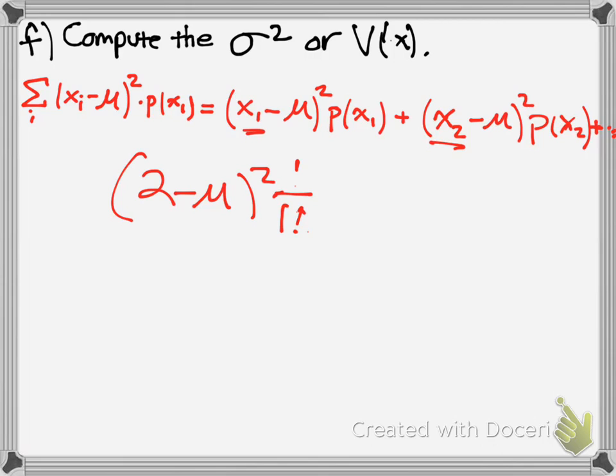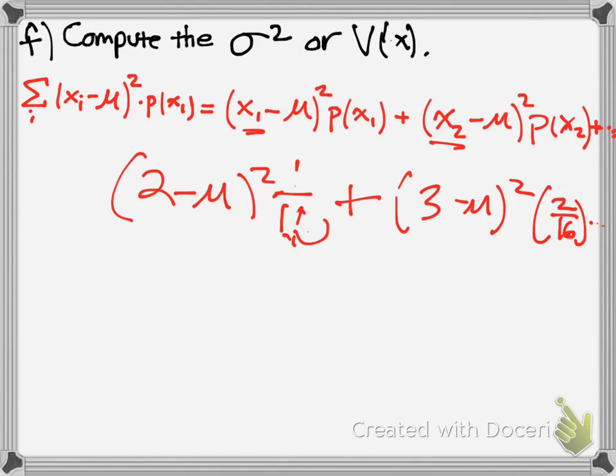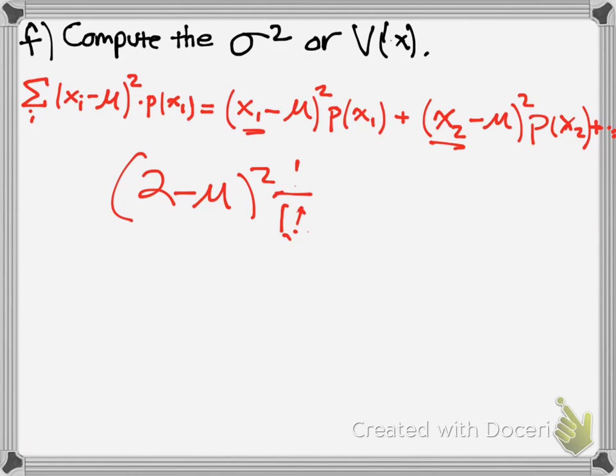And then 3 minus mu squared times that probability, which was 2 16ths. And so on and so forth. So that's pretty much how you would write that out and do the calculations, but unfortunately I will not be able to do that for you at this time, so you're going to actually have to do some thinking on your own. But that'll conclude this video.